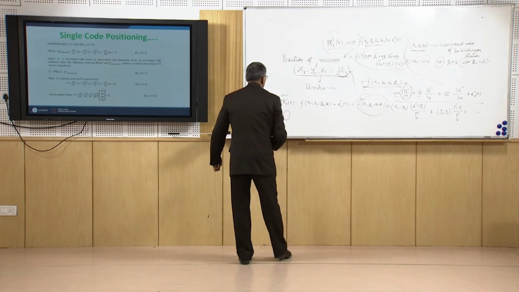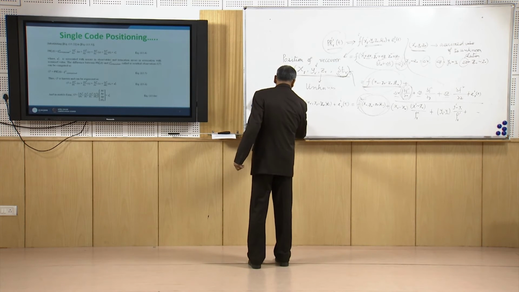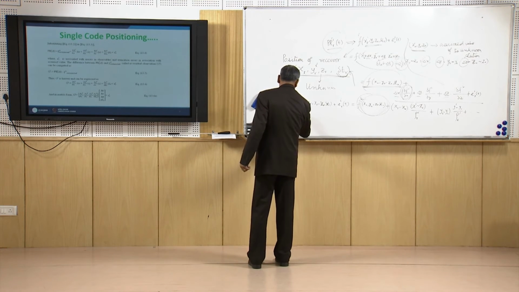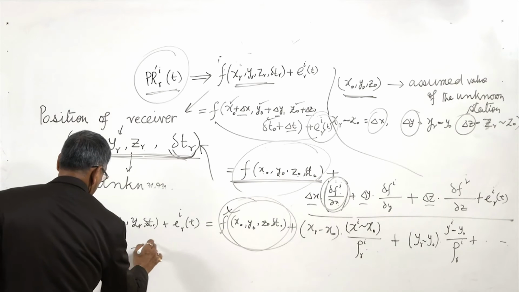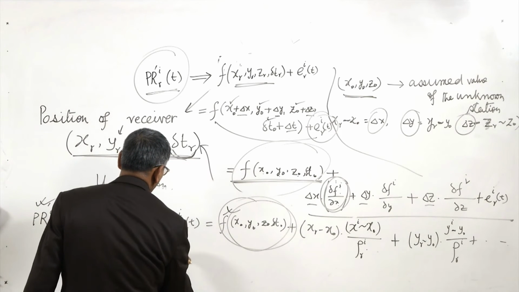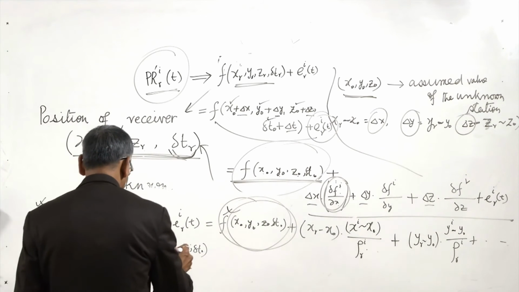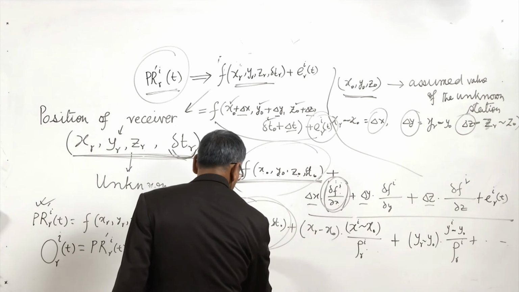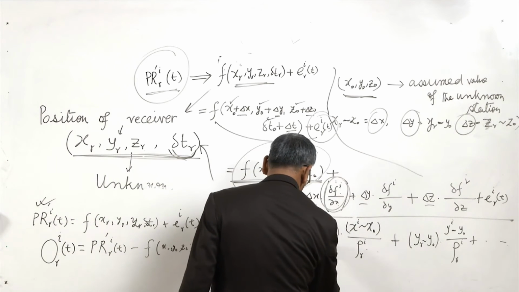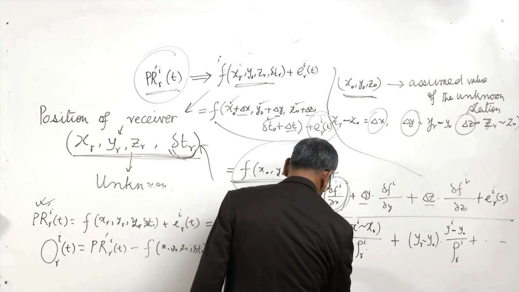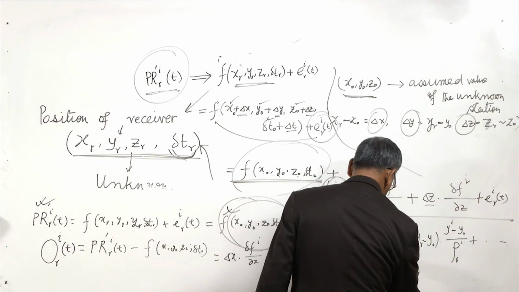So the modified residual observation from the satellite i to receiver r at any time t is nothing but P r dash i r t minus f of x0, y0, z0 and del t0, and this is equal to del x df i by dx plus del y df i by dy plus del z df i by dz plus e i r t.